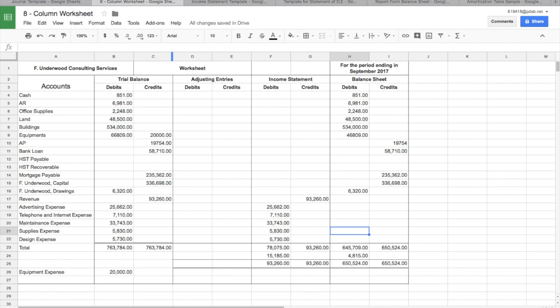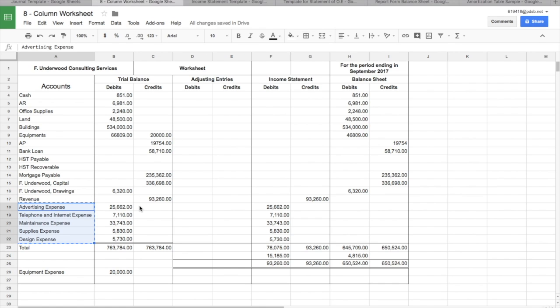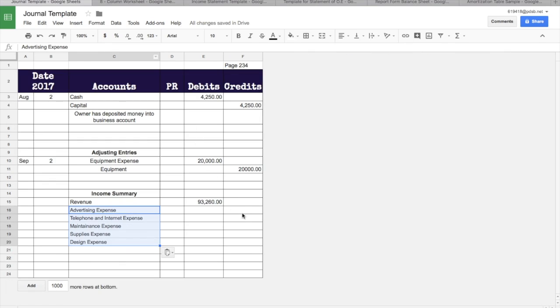So you do the same thing with the expenses, right? So you take all of these and you paste it. And here's the important part. You copy the debits and you have to paste it in the credits column, okay?